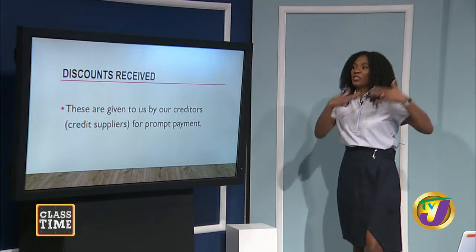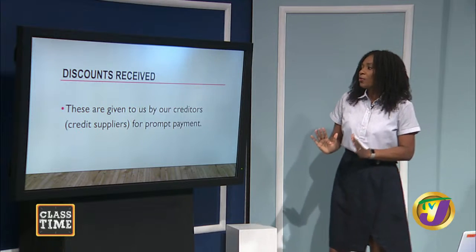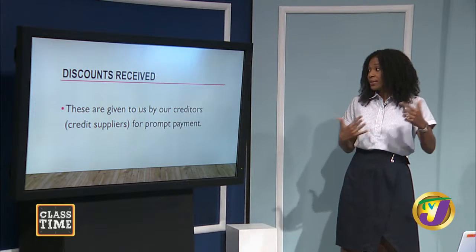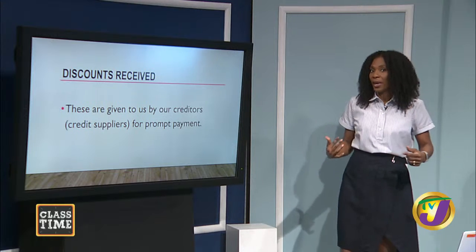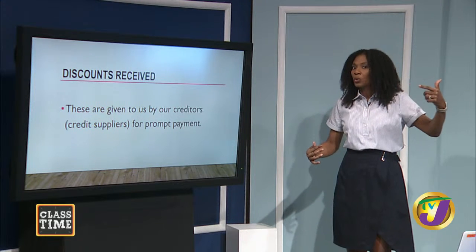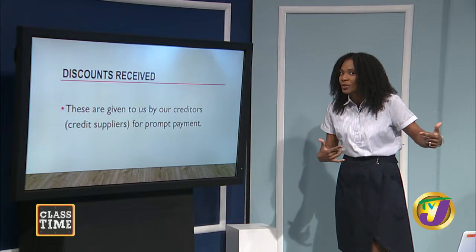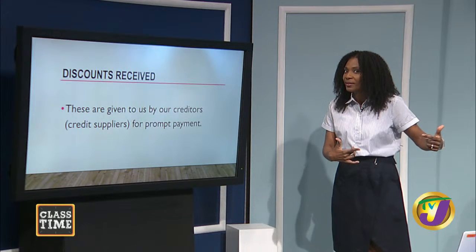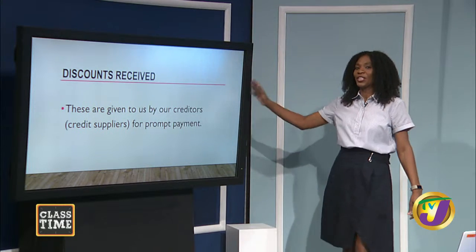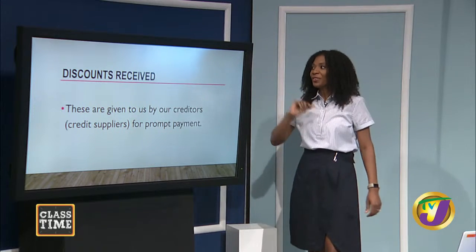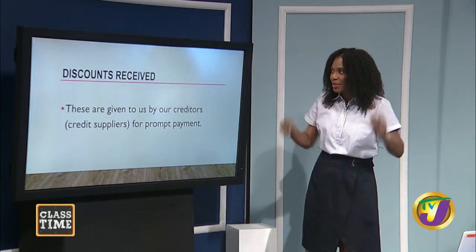Now, the discounts received are given to us by our creditors or credit suppliers for prompt payment. Think about Julie. Did she receive a discount a while ago for prompt payment? So what type of discount did she get then? Boom, you're correct. She got a discount received.